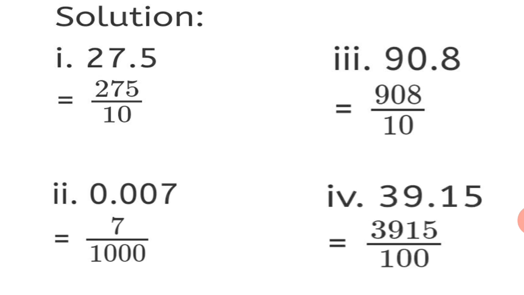Fourth sum, 39.15. Write the numerator, the number without the decimal point as it is, 3915, upon 1. In the denominator you have to write 1 and count after the decimal point 2 places, so 2 zeros. 3915 upon 100 is the common fraction we obtained by converting the decimal fraction.